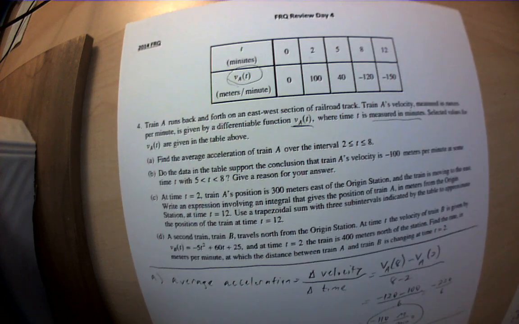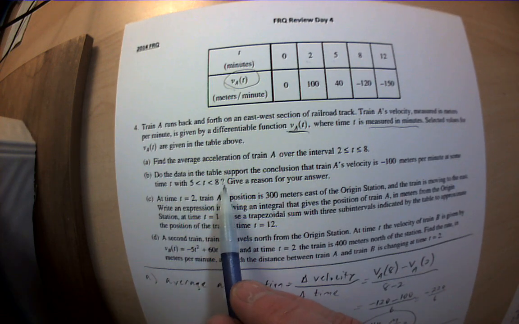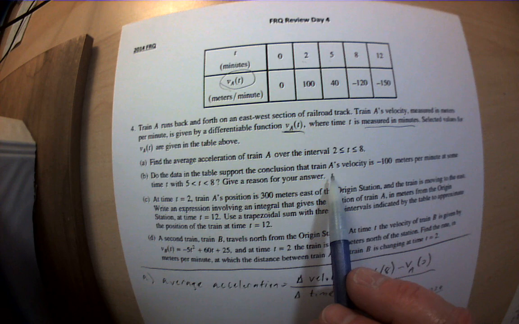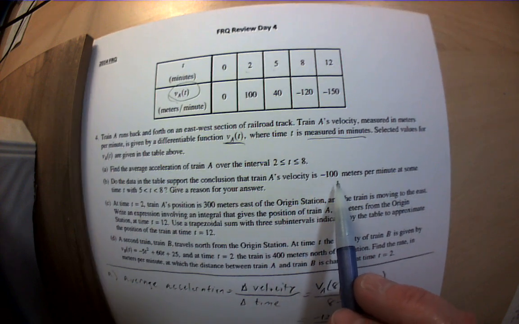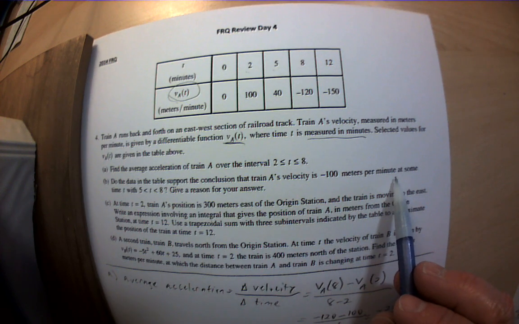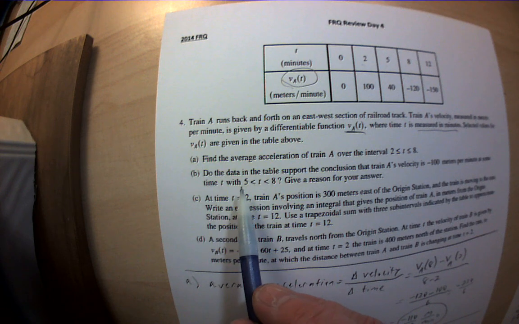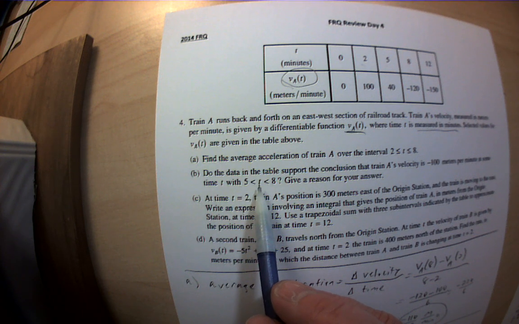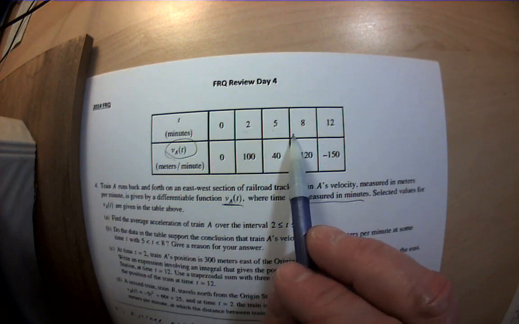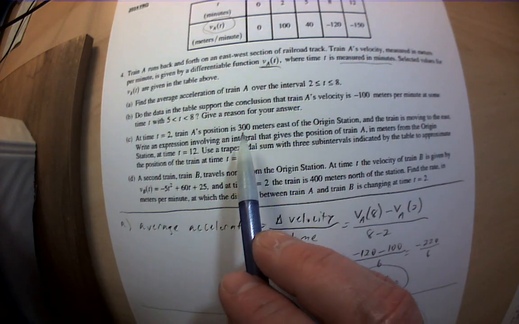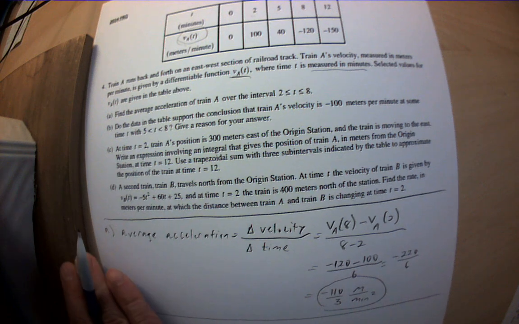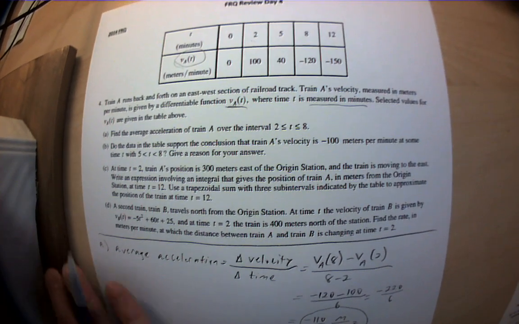Okay, part B. Do the data in the table support the conclusion that train A's velocity is negative 100 meters per minute at some time t with t between 5 and 8? So they're looking between here, 5 and 8. Okay? Give a reason for your answer. I'll talk about this in an upcoming episode.